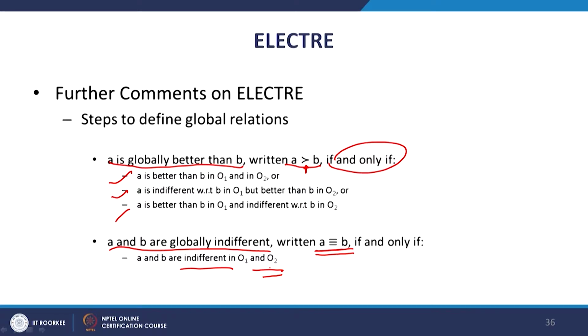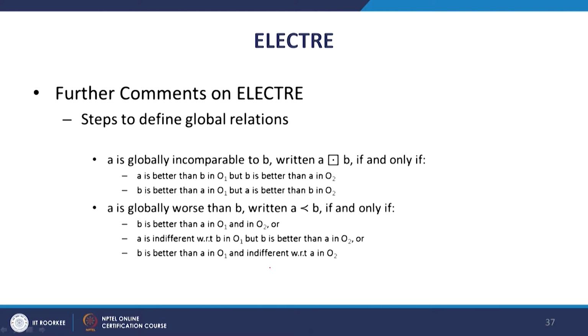So, we have two pre-orders, one is O1, the other one O2. If in O1 A is indifferent with respect to B, and in O2 as well A is indifferent with respect to B, then A and B can be clearly said to be indifferent in O1 and O2, and therefore they can be termed as globally indifferent as well.